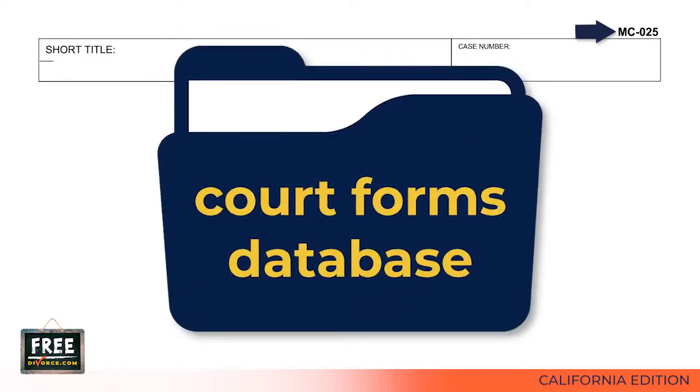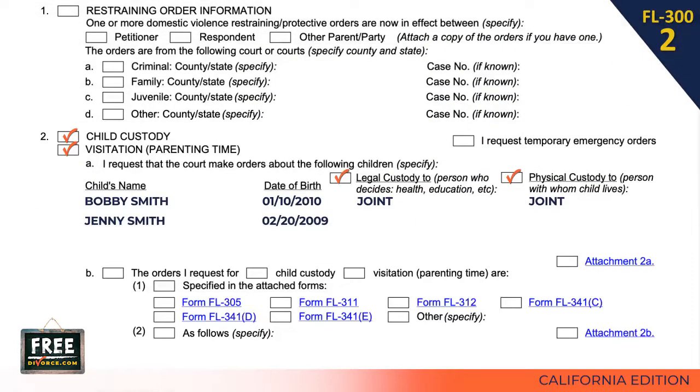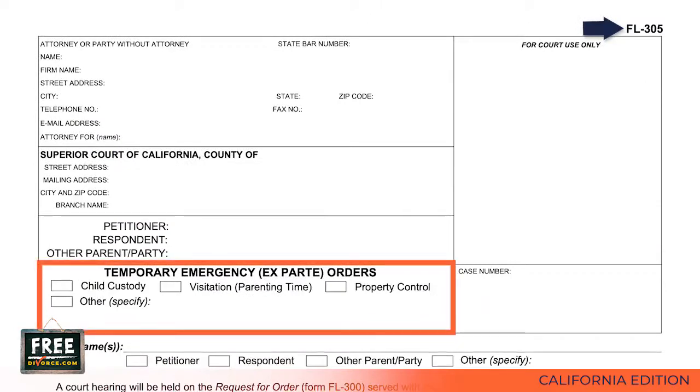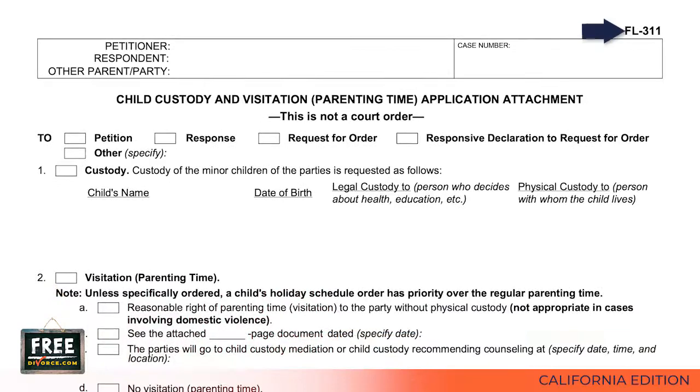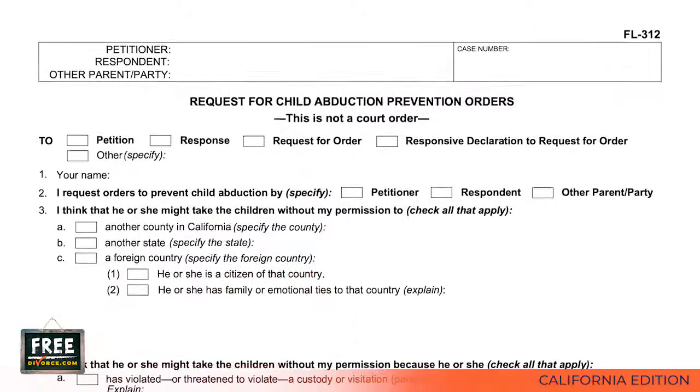A second way to describe the custody order you want is to fill out one or more Judicial Council forms that are listed in section number 2 of the FL-300. These forms are as follows. FL-305, Temporary Emergency Ex Parte Orders. FL-311, Child Custody and Visitation Parenting Time Application Attachment.